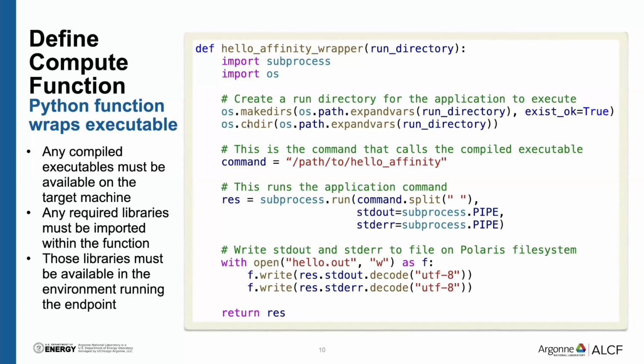So that's in a sense a pre-processing step. If you needed to do something else, like create an input file to the application, you could fold that into the function of the application, and you would just run it before you launch the command.